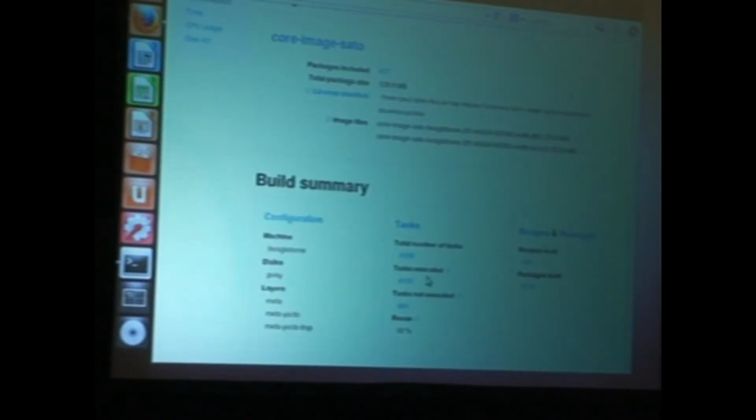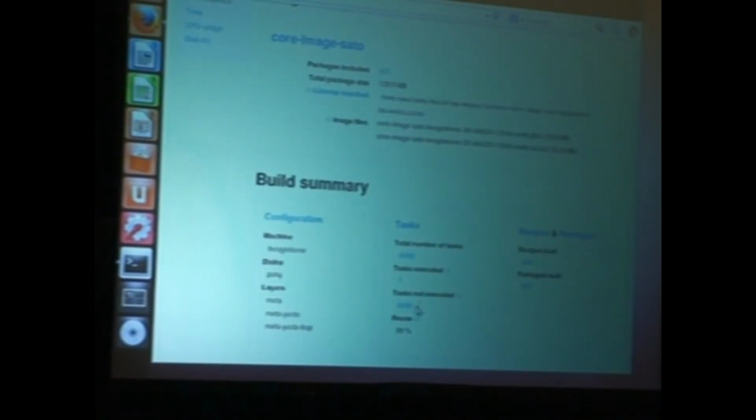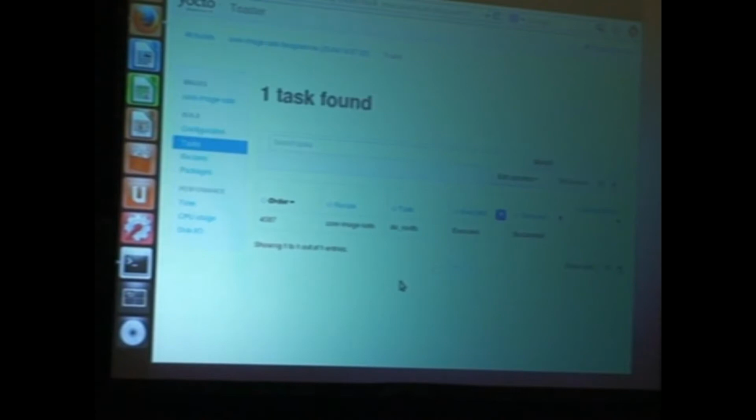Okay, it says here that this one executed 4,000 tasks and the other one executed 1. So I'm going to guess that I have to take a look at what that one task is. Do_rootfs executed, succeeded, and the other one, I'm going to guess, has a whole bunch of them.